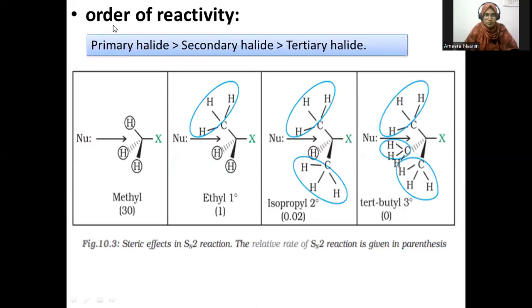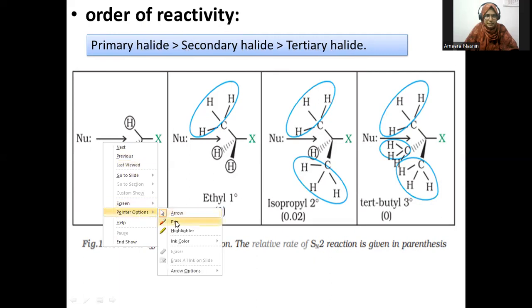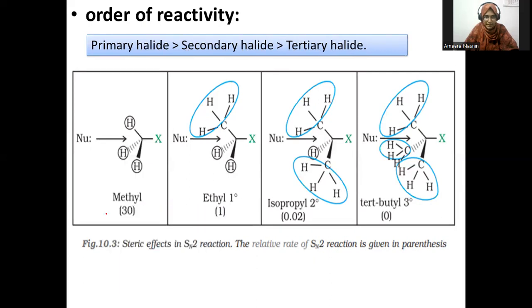Now let's see the order of reactivity. Always the primary halide will react faster in an SN2 reaction than the secondary halide, which in turn reacts faster than the tertiary halide. Let's see why. In the last slide, we said that the nucleophile attacks from the backside.